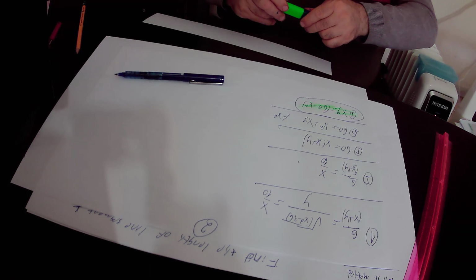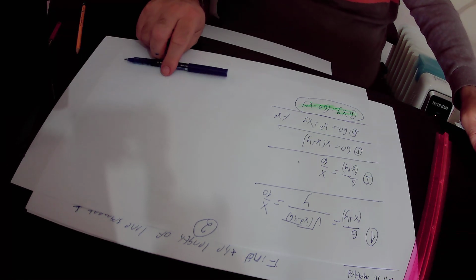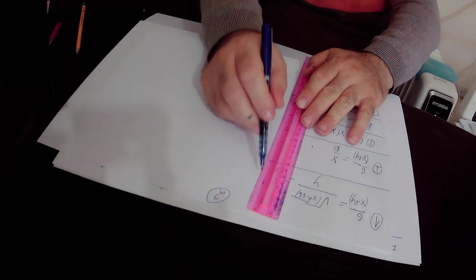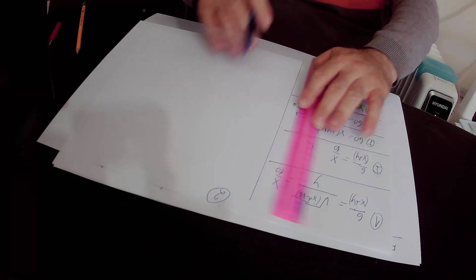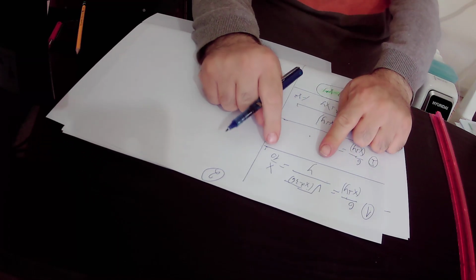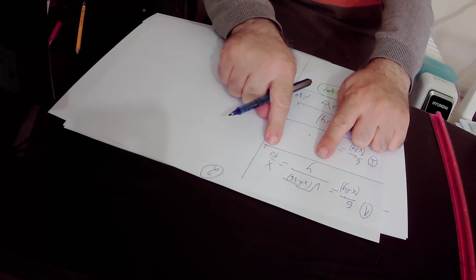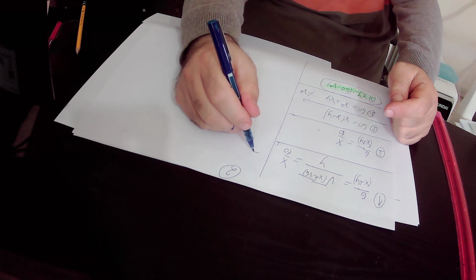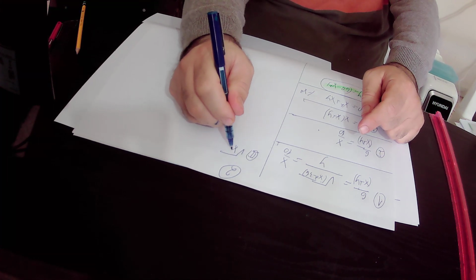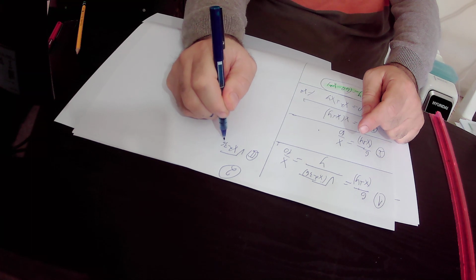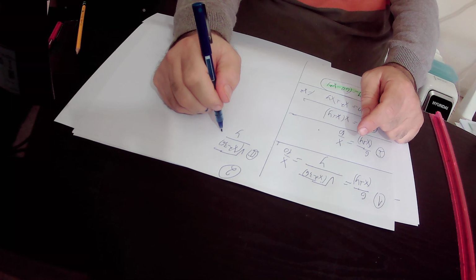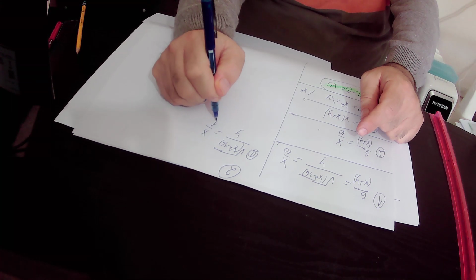In the next step we create a second equation from this long equation. Those two expressions are equal to each other, so we can write down equation number 2: square root of x squared minus 36 over y is equal to x over 10.